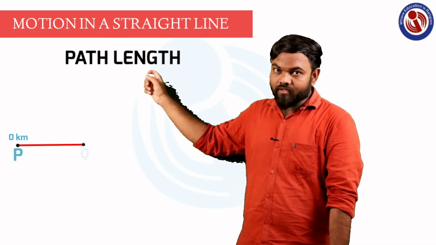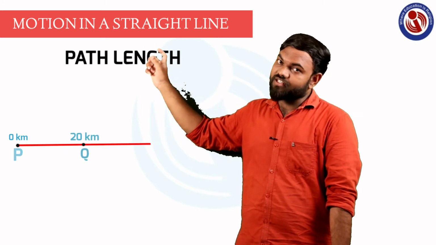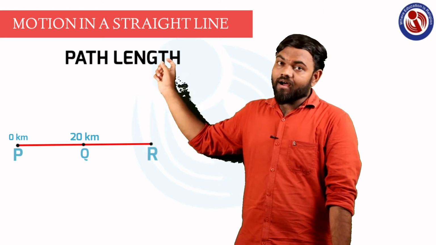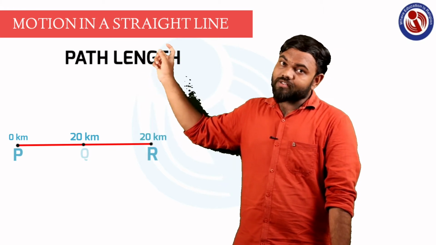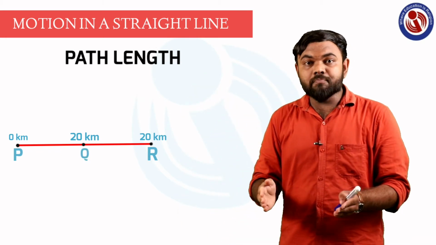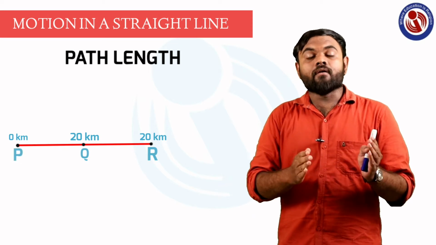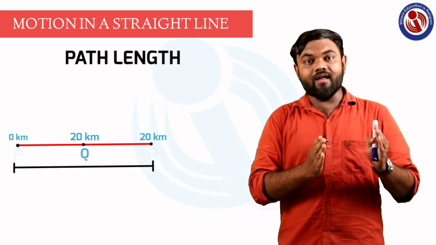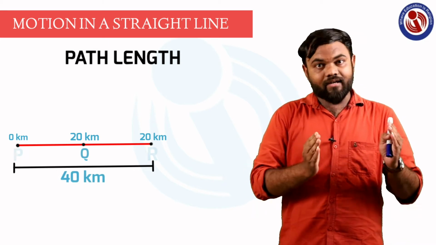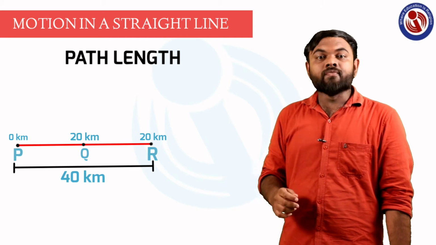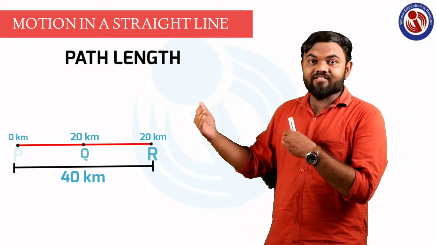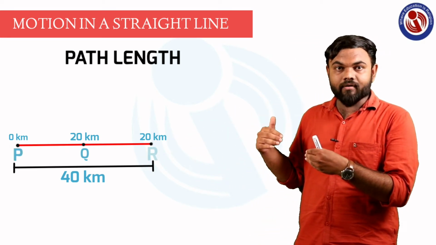Suppose we take Q point, at 20 km with respect to P. Suppose we take another point, R point, also 20 km with respect to Q. Now, what is the path length with respect to P? The distance between P and R is 40 km. What is path length? It is the total distance between starting point and ending point.